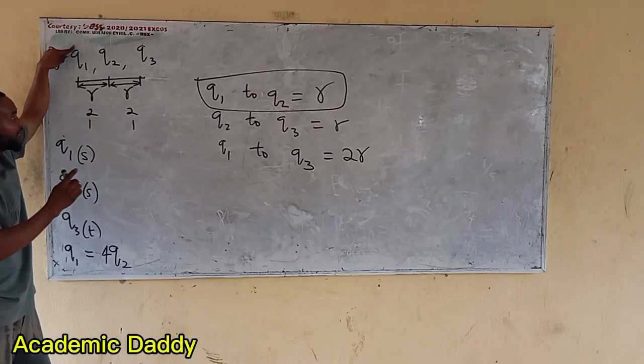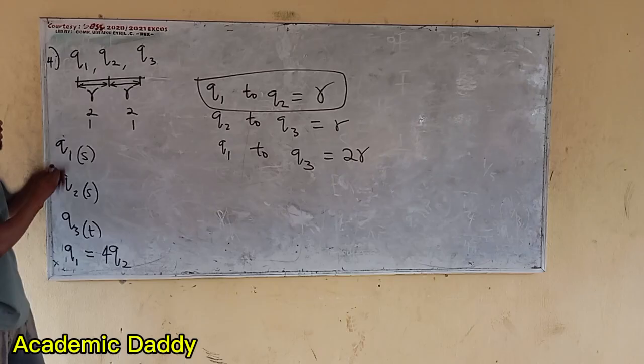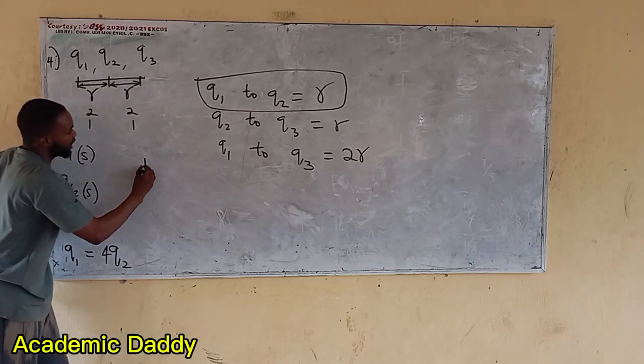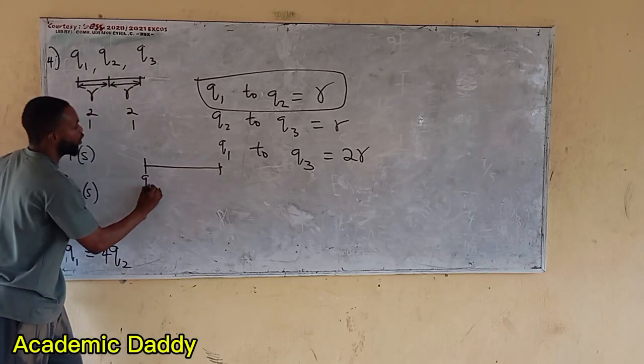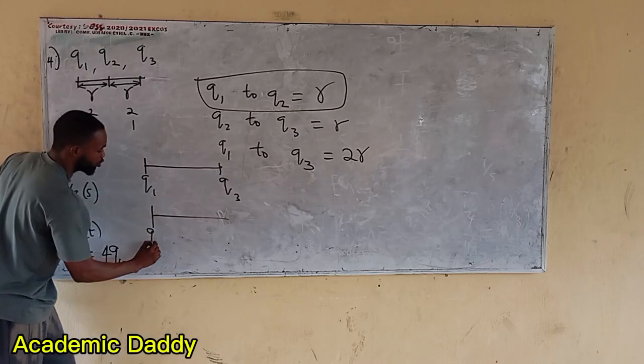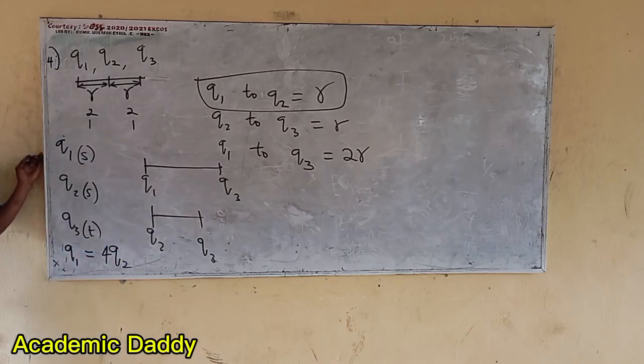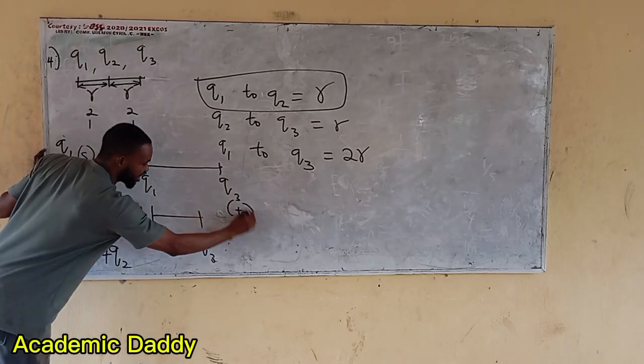So the principle, the approach, the main thing I'm trying to point out here is that in doing this, you are checking what is the distance from Q1 to Q3. And what is the distance from Q2 to Q3? That is what you are checking, because Q3 is given to you as a test charge.